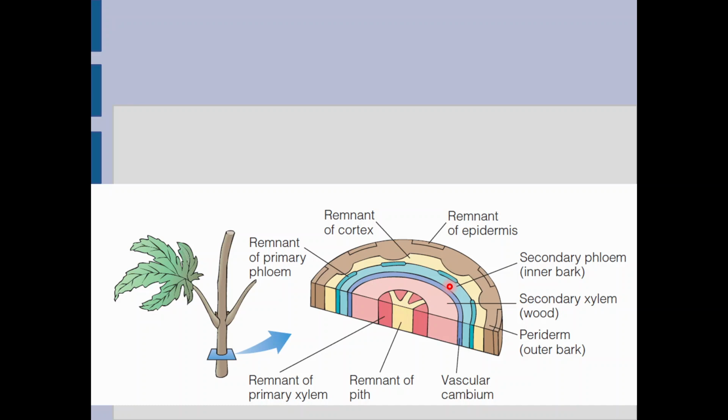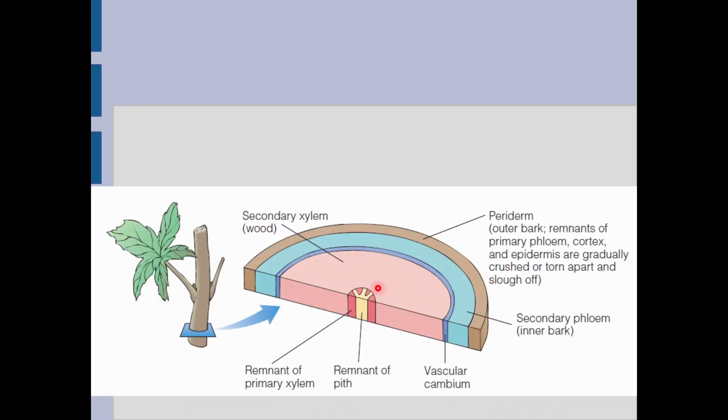And then eventually everything looks like this. So secondary xylem actually becomes wood, and secondary phloem becomes inner bark.